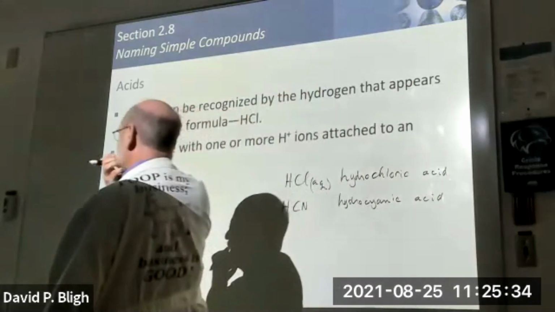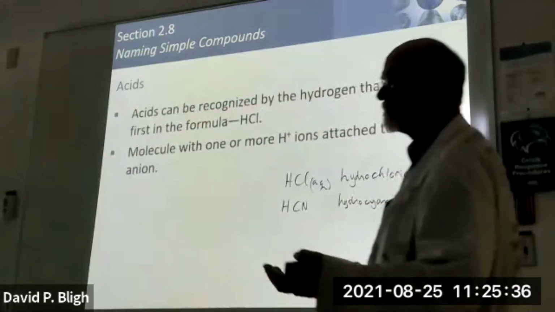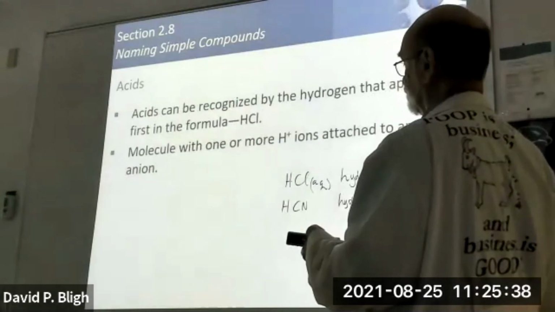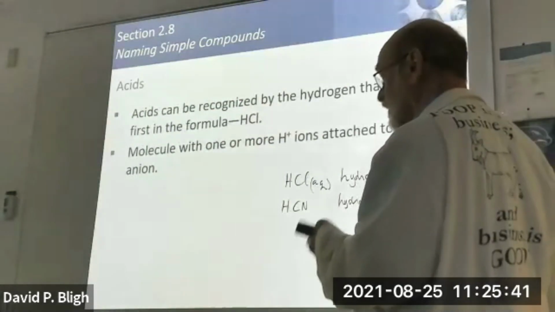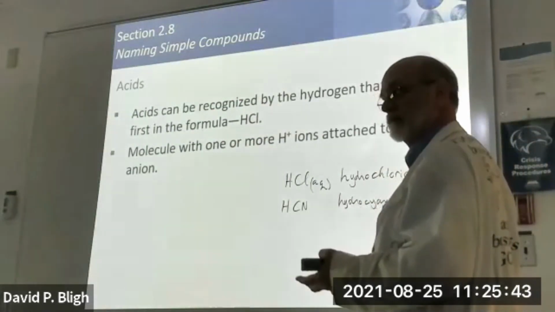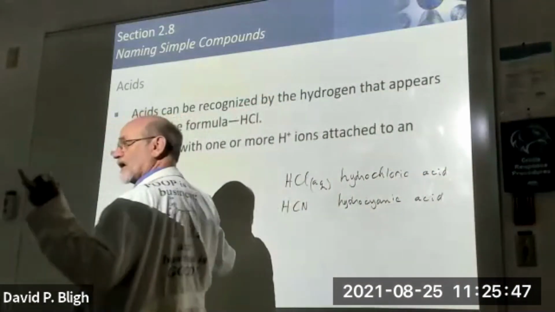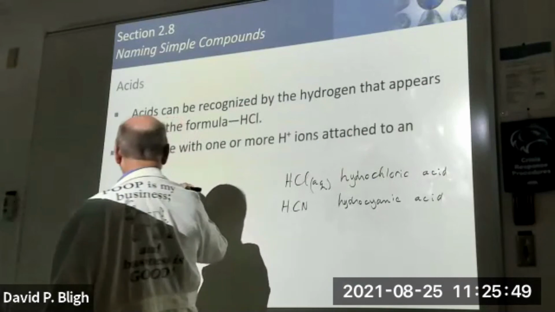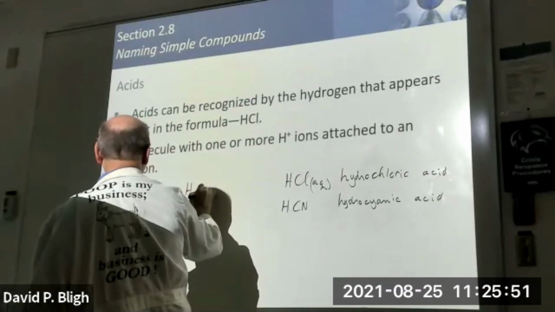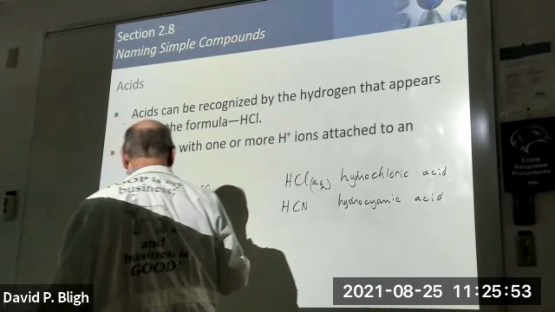Let's say, and of course, if it's got oxygen, more than likely it's going to be a polyatomic anyway. So let's say, oh, we had that original one, the H2SO4. Hydrogen sulfate.